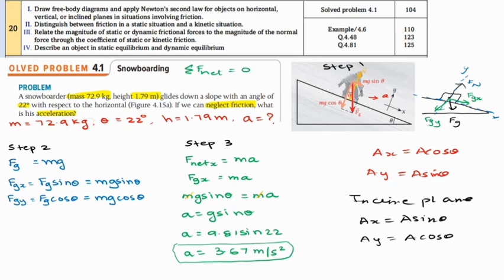Now, there is only one force acting along x-axis, which is Fgx. I will write Fgx equals m into a. Substitute for Fgx, mg sine theta equals m into a. Cancel off m because it's on both sides. You get a equals g sine theta. Substitute the value of g, 9.81 sine 22, and you get your acceleration as 3.67 meter per second square.